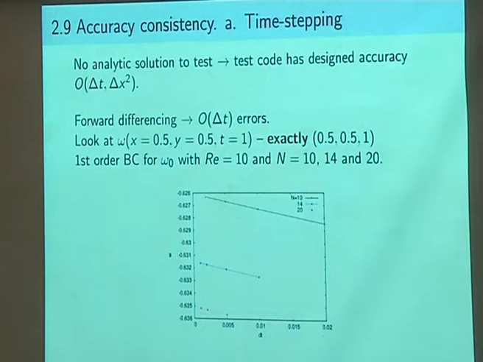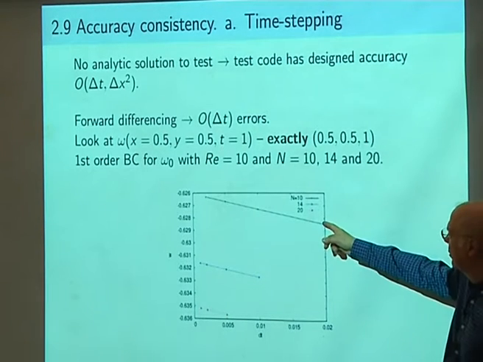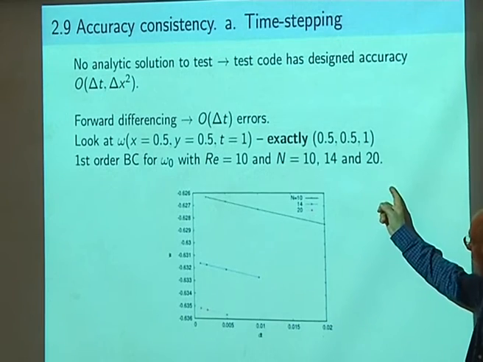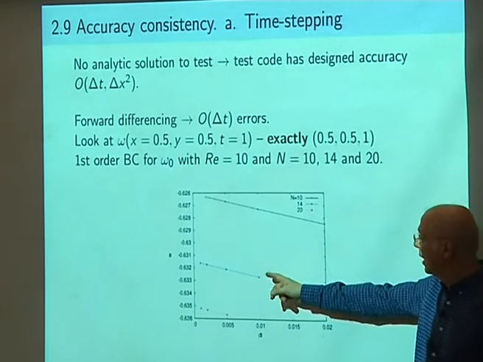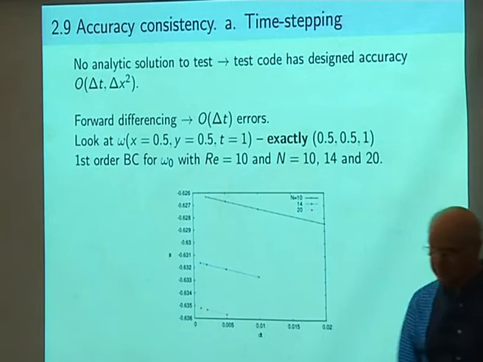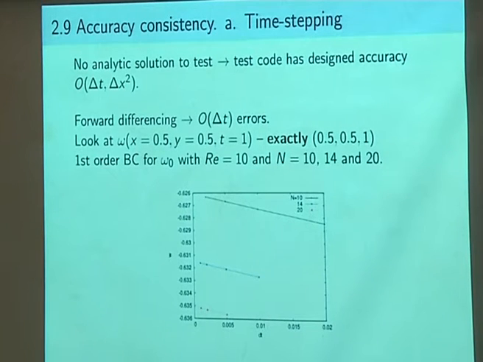Right, and here's the plot. You can't read the numbers, perhaps. What you can see are some linear plots. So the top one is actually with 10 grid points, then 14, and then 20. Because I've got a smaller grid size, delta x is smaller with n equal to 14 and 20, the lower points, I have to have a delta t which is smaller.